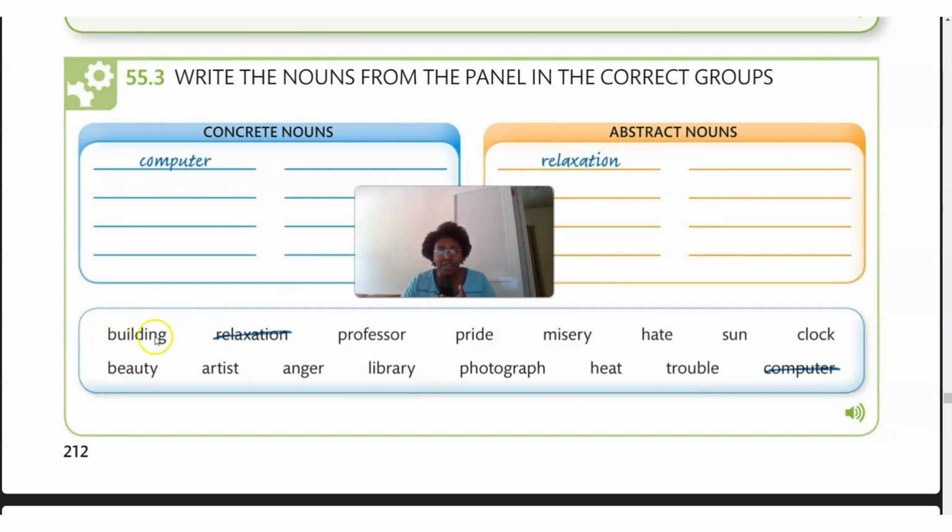Well, building is concrete. Artist is concrete, professor, library, photograph, sun, clock, and computer. So everything else would be abstract because we can't see it, we can't feel it, we can't touch it. So let's move forward.